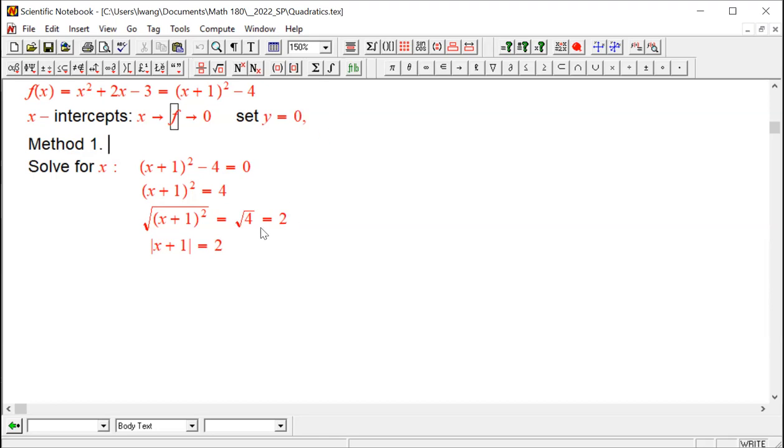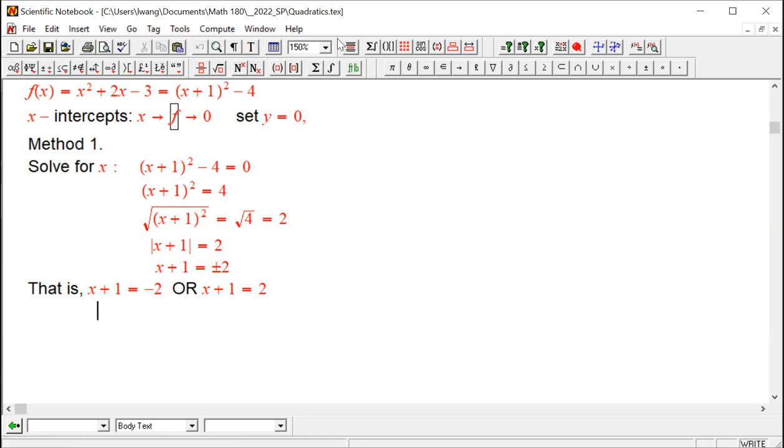When we were solving absolute value equations, we know that this leads us to x plus 1 equals plus 2 or minus 2. That is, x plus 1 equals negative 2 or x plus 1 equals positive 2.